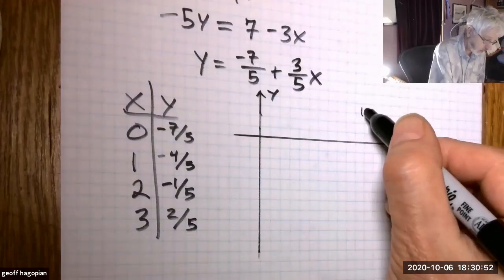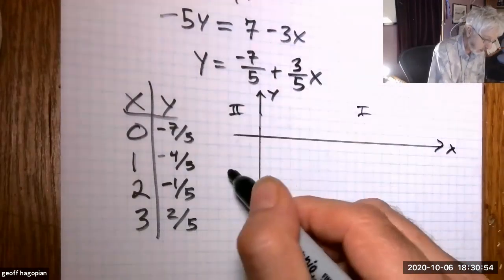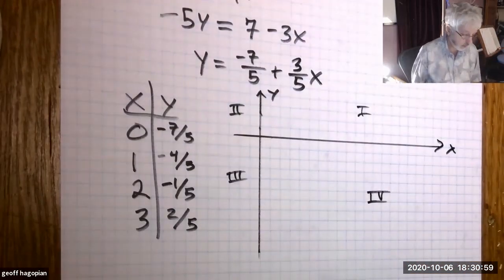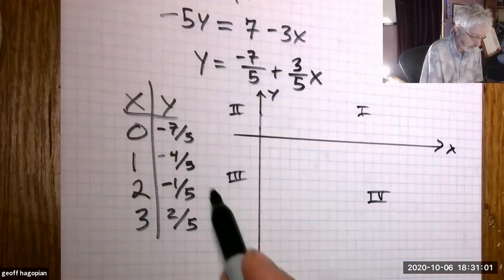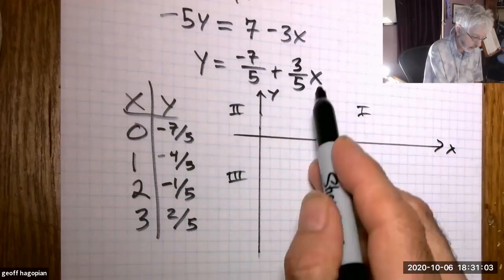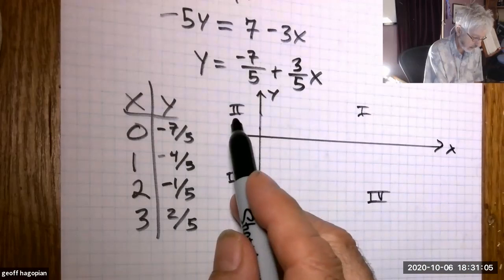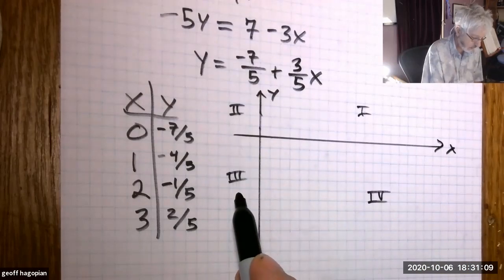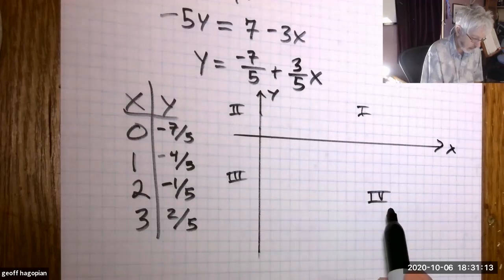The quadrants go 1, 2, 3, and 4, right? Often denoted with Roman numerals. So you go counterclockwise, starting in the upper right. So first quadrant, second quadrant, where x is negative but y is positive. Third quadrant, x and y are both negative. Fourth quadrant, x is positive, y is negative, right?